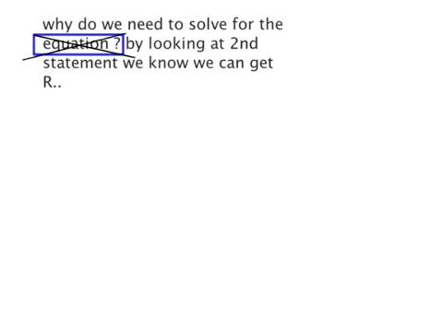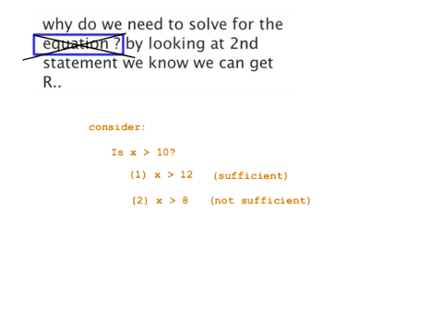But just consider the following, right? Just consider a very simple problem. Is x greater than 10? If you see statement 1, x is greater than 12, then that's sufficient. But if you see x is greater than 8, that's not sufficient. So there you go.